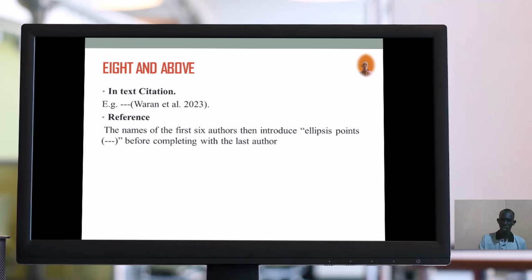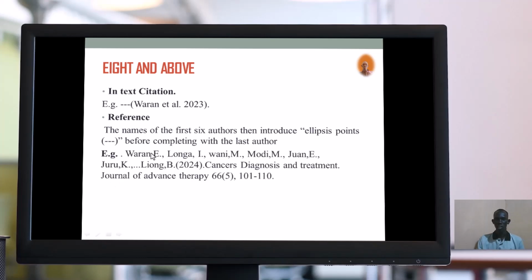For example here, we can write all the names and the initials of the 6 authors. I think these are the 6 authors. And then here you see, after the 6th author, you put the ellipsis, which is these dots here, 1, 2, 3. They're normally 3, and then you put the last author. This implies that there are some authors in the middle whose names we will not include.